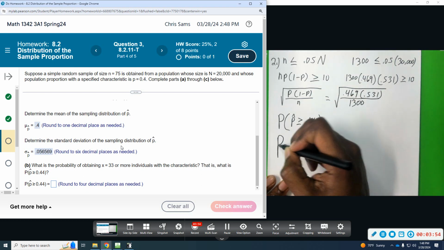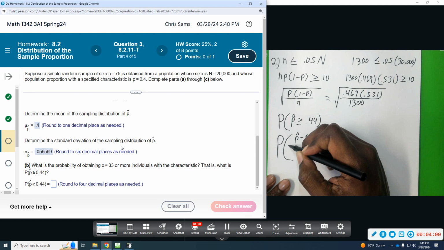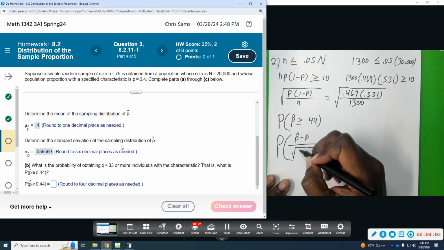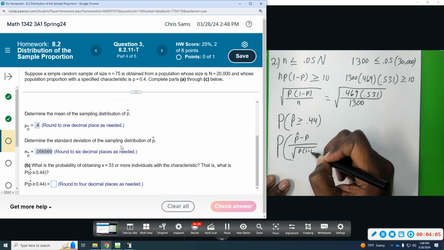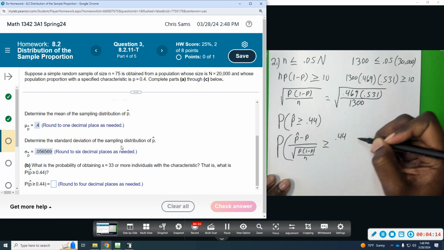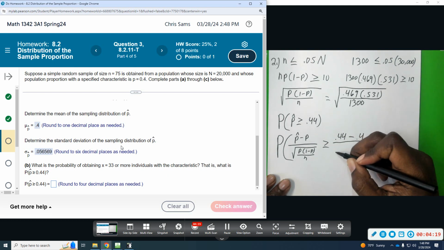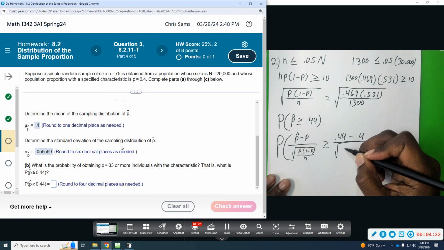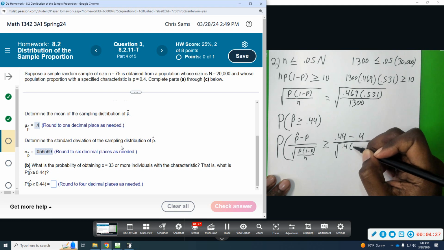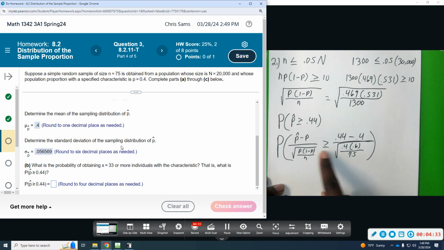Converting that to a z-value: the probability that p hat minus p, divided by the standard deviation, which is the square root of p times 1 minus p over n, is greater than or equal to... Now we apply the numbers: 0.44 minus the proportion 0.4, divided by the standard deviation, the square root of 0.4 times 0.6 divided by 75. At this point, we can get a z-value and find it on the chart.